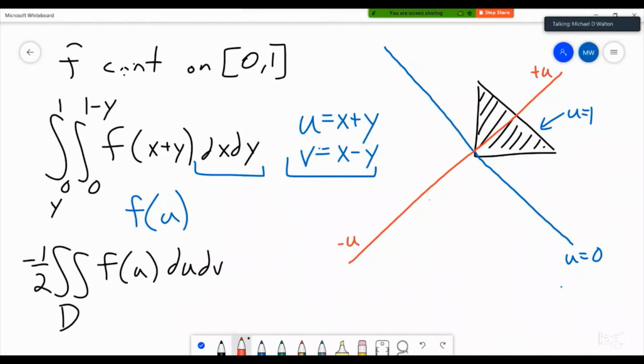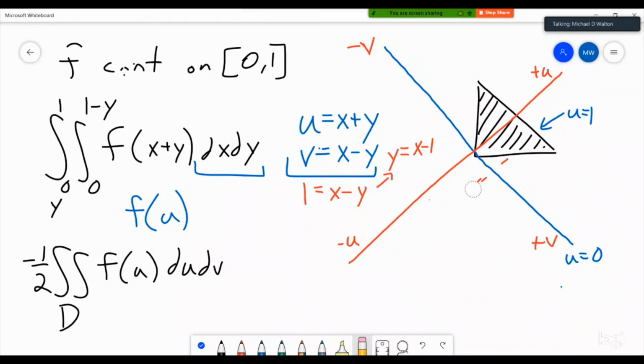Then we have to figure out which direction is the plus v direction. If v is 1, for example, so we say 1 equals x minus y, then we find that that is the same thing as the line y equals x minus 1. So that is going to be this line down here. So this is our plus v direction, and this is our minus v direction. Makes sense.